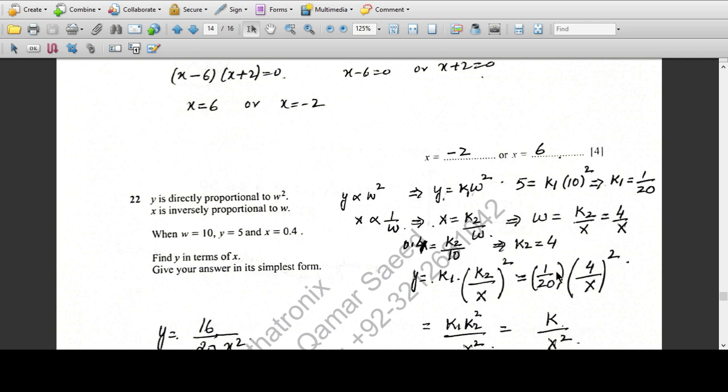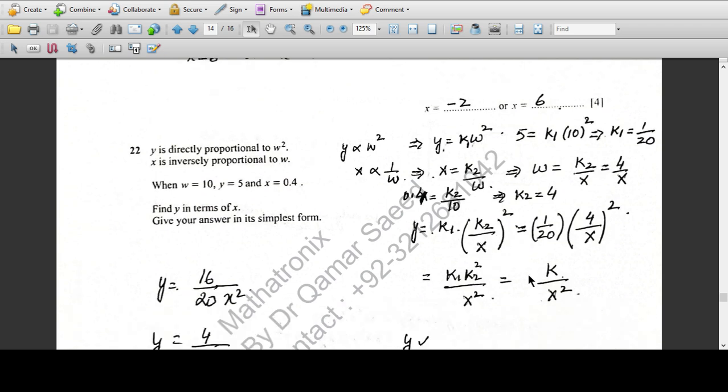k2 is obtained as 4, and k1 is 1 over 20. So in place of k1 we write down 1 over 20, and in place of k2 we write down 4. On simplification, this is 16. It's simple: this is k1 k2 squared upon x squared, and k1 k2 squared is k.